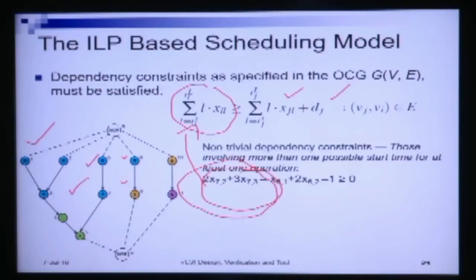If it starts in the 3rd time step, its time is given by 3 into x73, because only one of x72 or x73 can be 1. So, the value of this expression 2x72 plus 3x73 can either be 2 or 3, right.